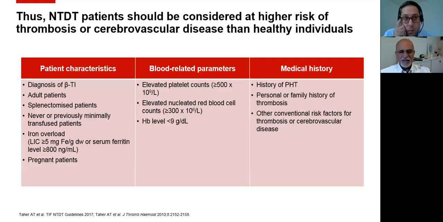And after this, we tried to look into the characteristics of the patients that would make them at a higher risk of thrombosis, because ultimately you will get somebody, a woman that's going to get pregnant, or a male that will be going on a prolonged flight, an NTDT patient who wants to do an operation. So it is really very important to risk assess these patients and try to look at the risks that will make them at a higher risk of thrombosis.